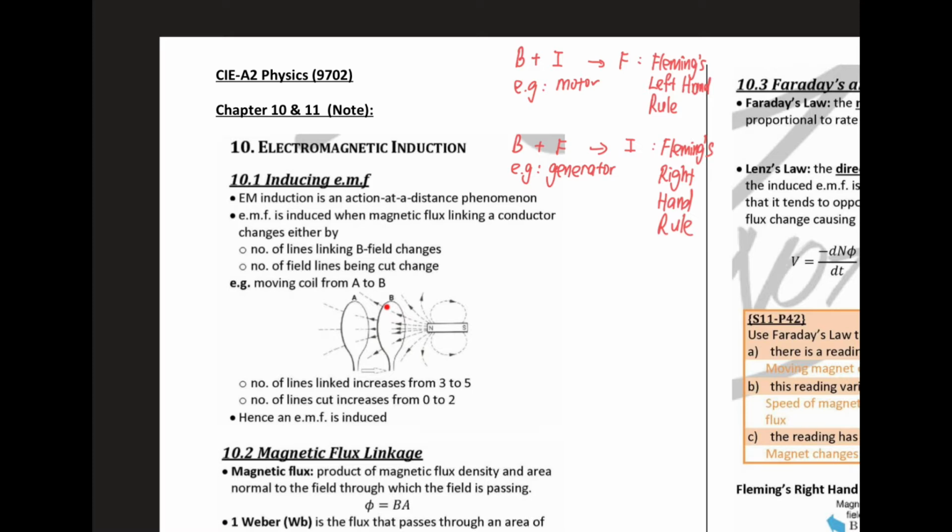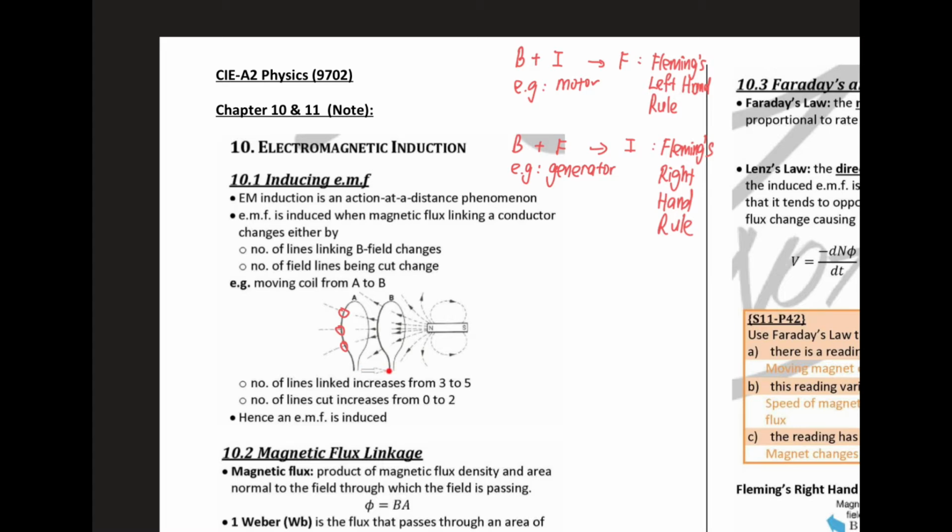Let's say, for example, initially there are 3 magnetic lines that cut the conductor, as you can see here. 1 point, 2 points, 3 points. Then when the magnet is brought closer, or the coil is brought closer, as you can see, the arrow is like that.